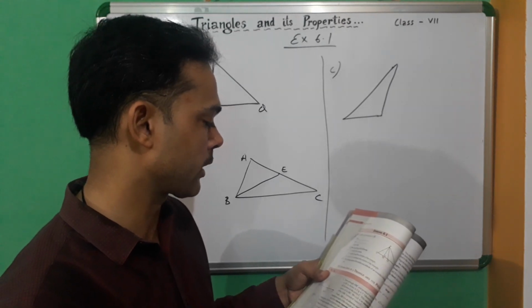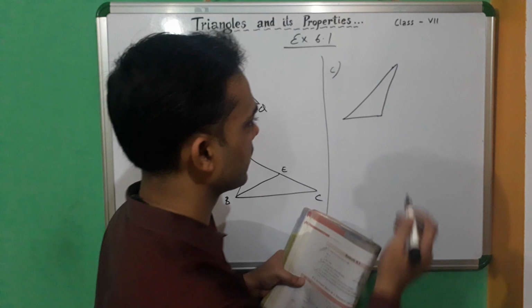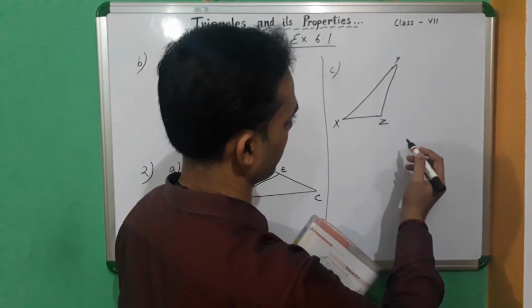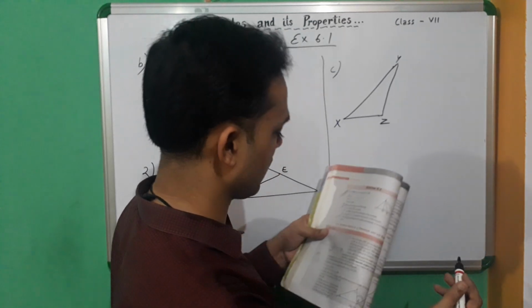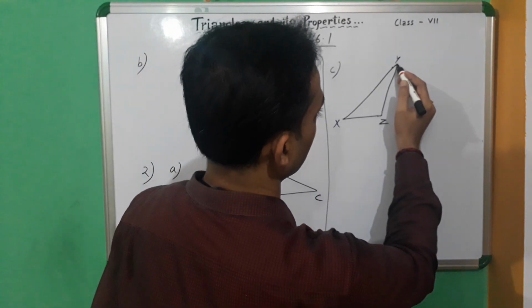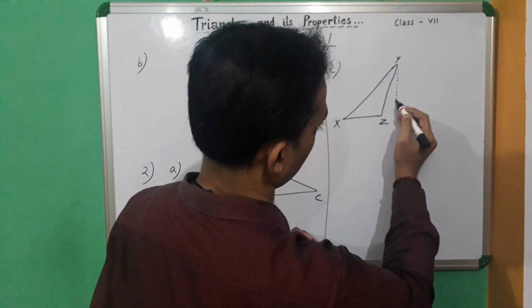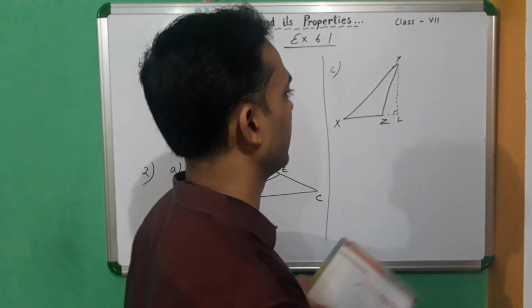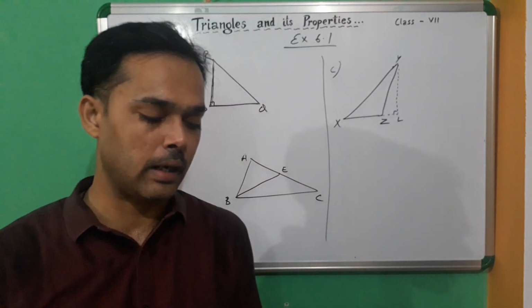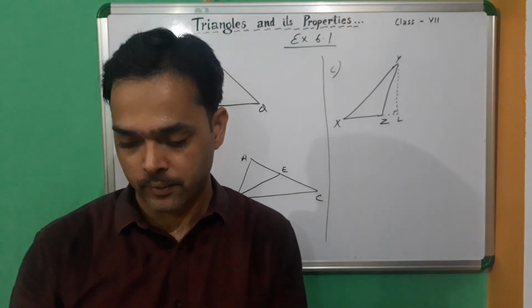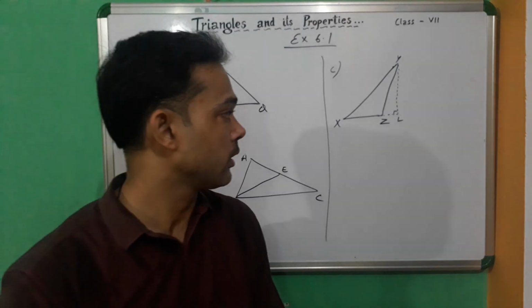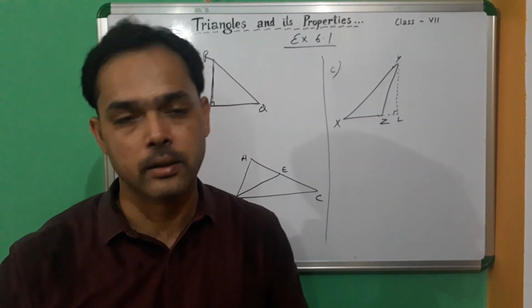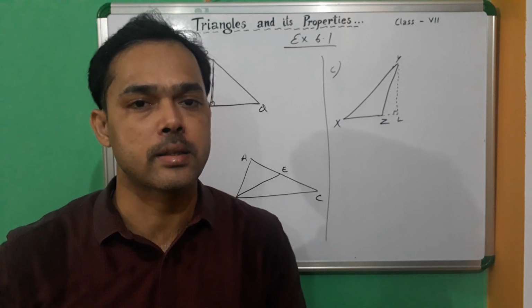But where to take XYZ? This will be Y, X, Y, Z. Now YL has to be altitude. So this will be drawn as a dotted line like this. This will be L. Over here YL is altitude in the exterior of the triangle. So in this way we have done with try these and think, discuss and write and exercise 6.1.